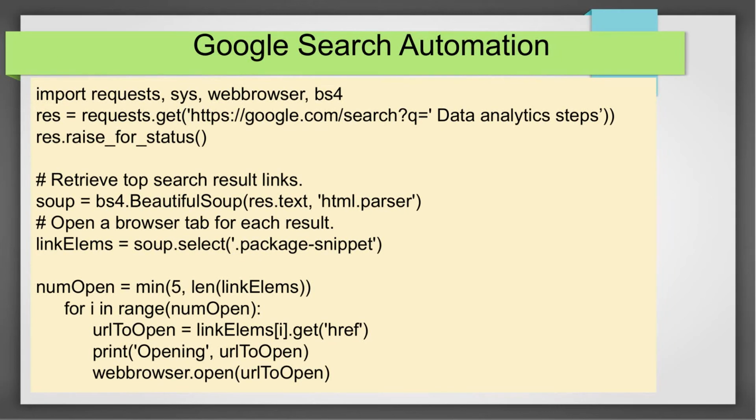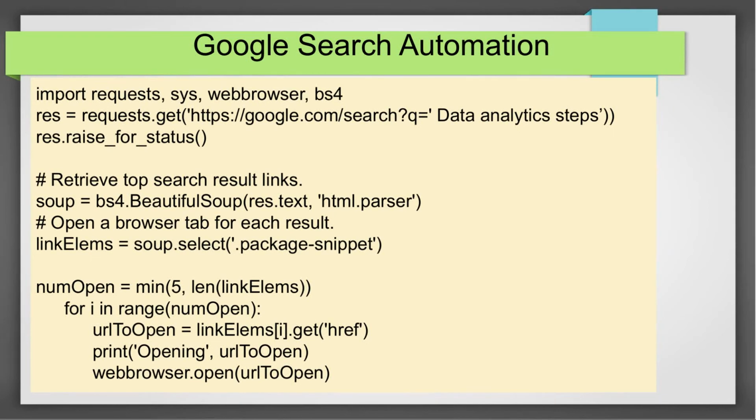Step 3. Open web browser for each result. Finally, we'll tell the program to open web browser tabs for our results. By default, you open the first 5 search results in new tabs using the webbrowser module. However, the user may have searched for something that turned up fewer than 5 results.